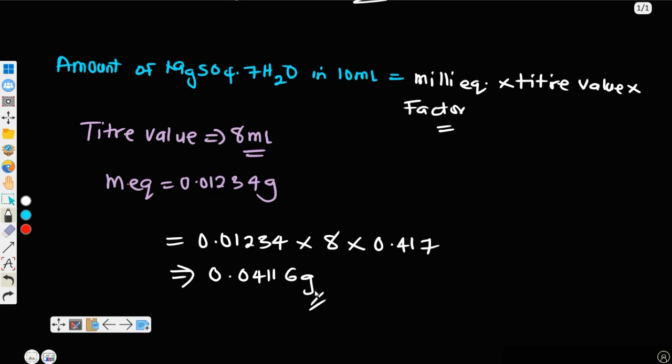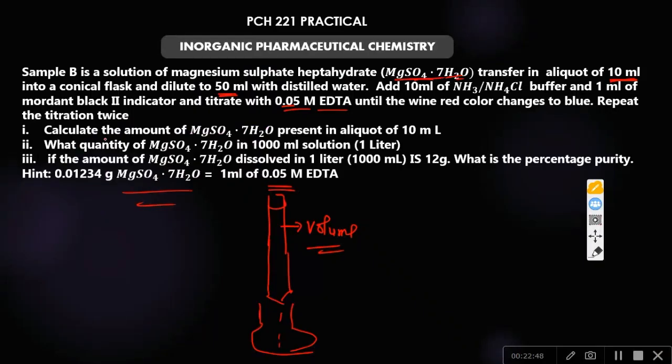This is the amount of magnesium sulfate present in the 10 mil of the aliquot solution.